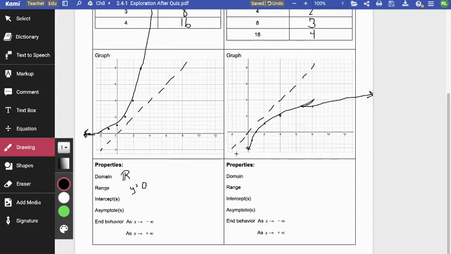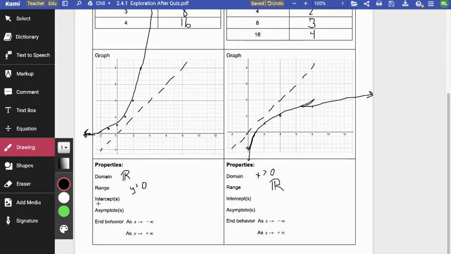Now here is our domain, right? What x's are possible? X is greater than 0. You see that this line will never cross that x equals 0 point. However, our range, what y values are possible, this graph will continue upward and downward indefinitely.